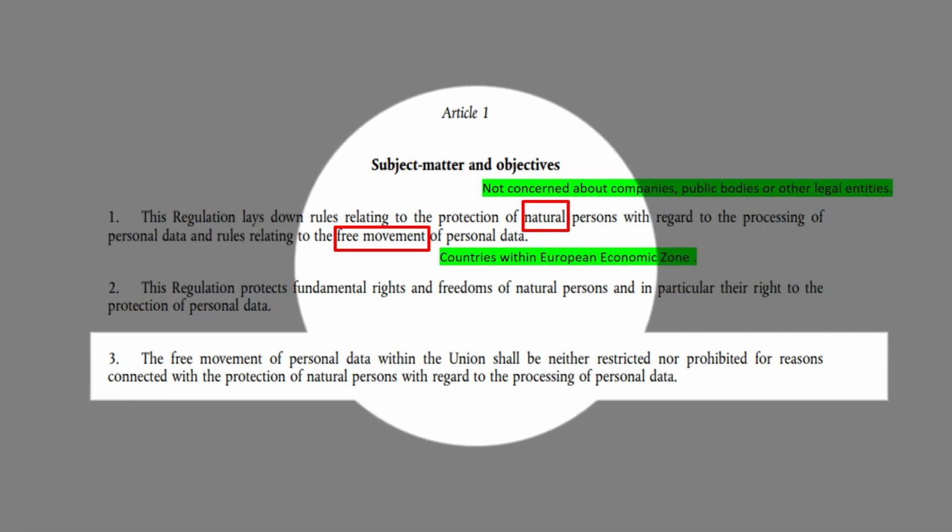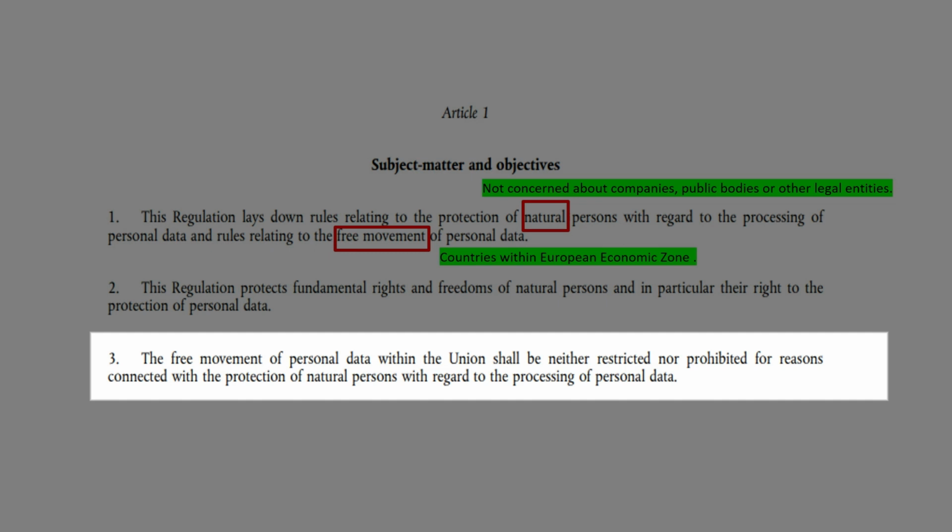Now let us move to the third clause. It says that free movement of personal data within the Union shall neither be restricted nor prohibited for reasons connected with the protection of natural persons with regard to processing of personal data. Now, the objective of this clause is to address the concerns that organizations were having prior to GDPR.